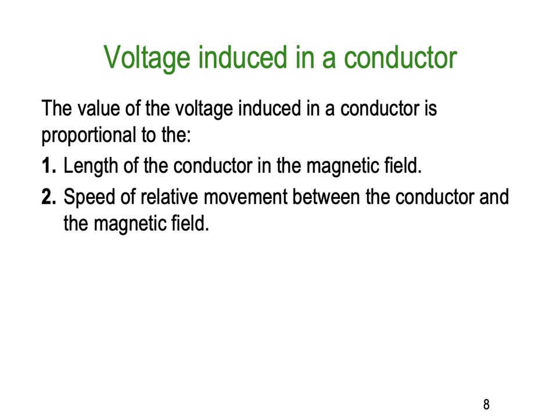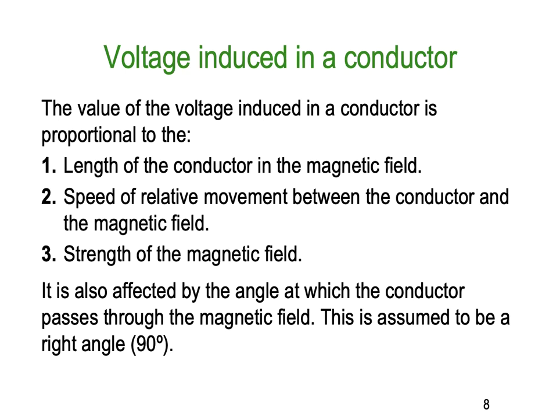The speed of relative movement between the conductor and the magnetic field. The faster you move it, the larger will be the induced voltage and therefore current. 3. The strength of the magnetic field. The more lines of flux, the higher the density of the field. In other words, the more Teslas we have in the magnetic field, the more this will increase the voltage and current in the conductor.